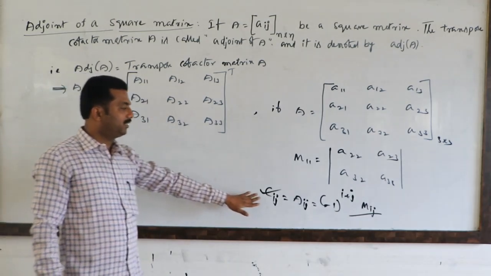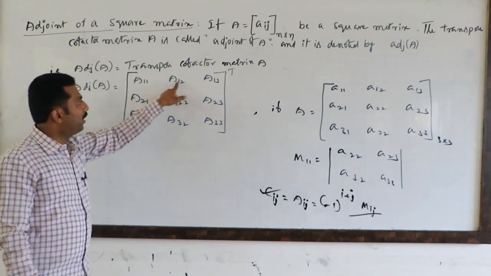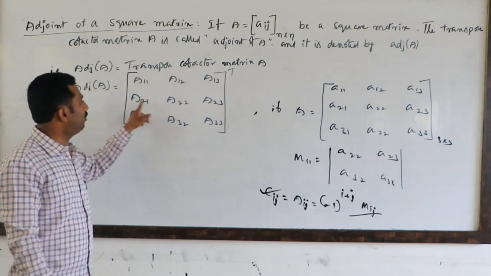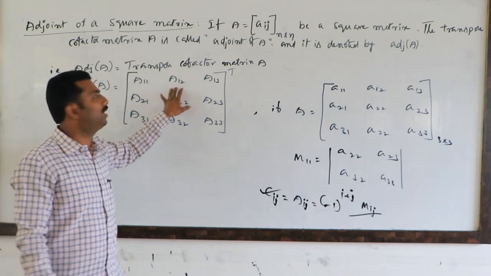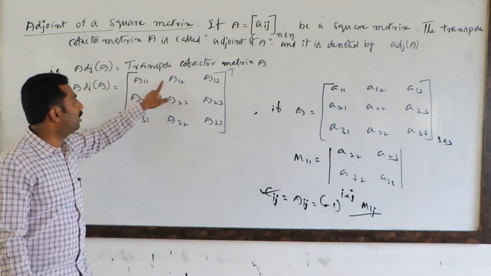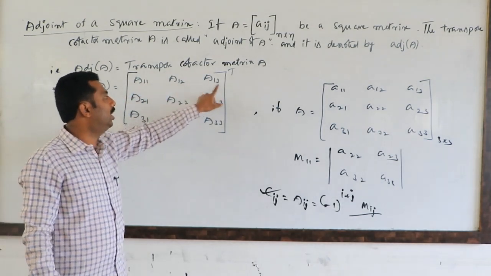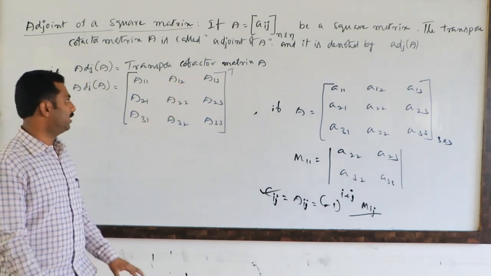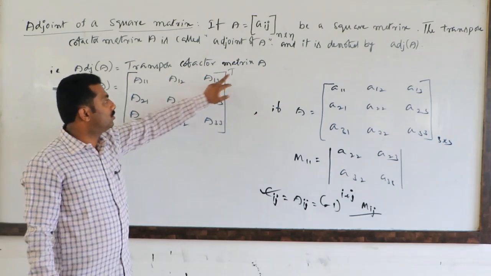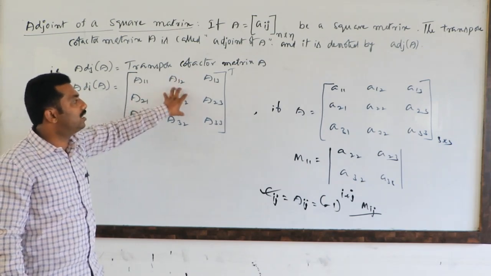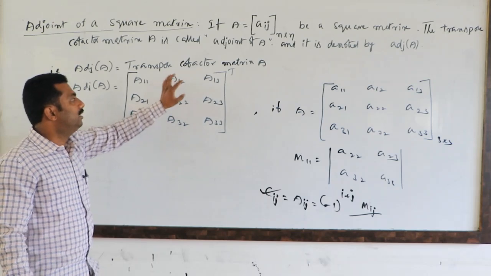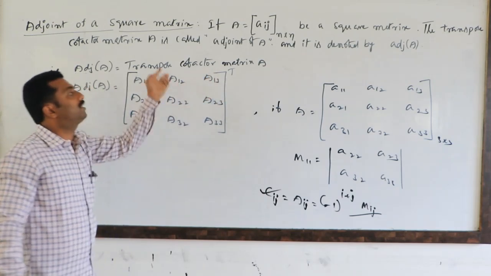Similarly A12 cofactor, A13 cofactor, A21, A22, A23, the capital letters I am writing are the cofactors of first row first column, first row second column, first row third column, like that you have to understand. After writing all the cofactors of all the elements of the given matrix, we have to write the transpose of this matrix.